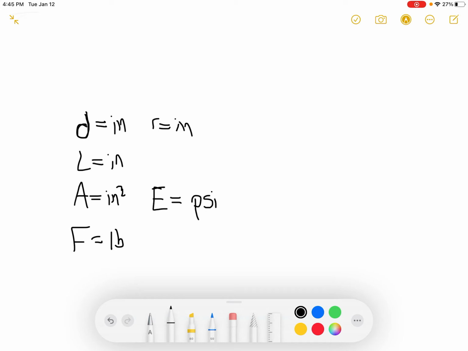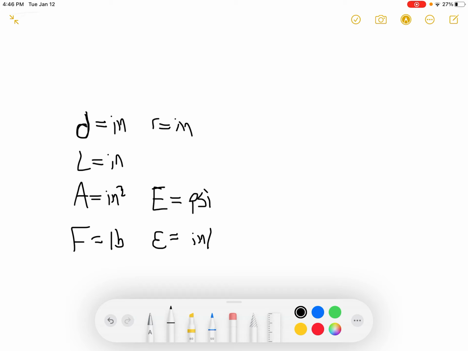You'll sometimes see this as lb over inches squared, but they mean the same thing. Pounds per square inch, same thing. But I like to use PSI personally because it just seems easier to write. Then your strain is going to be in inches per inch.